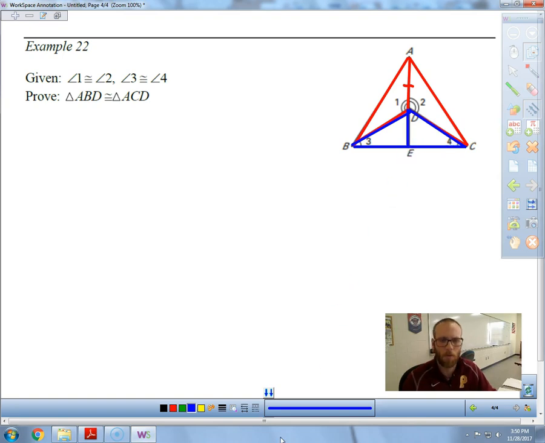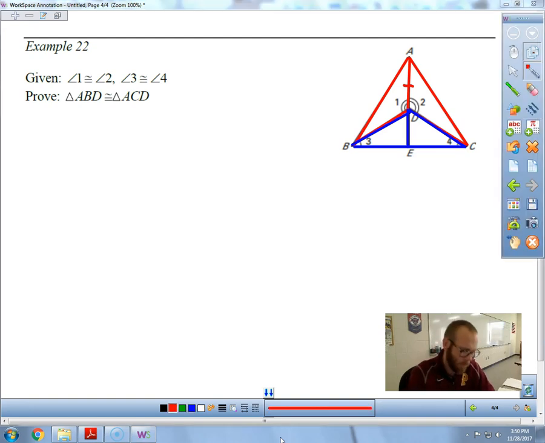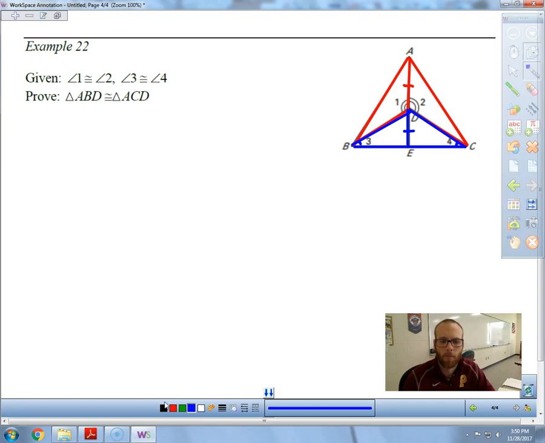Well, do you notice those blue triangles right there? Do you know anything about those? Well, angle 3 is congruent to angle 4. They share a side. Anything else?